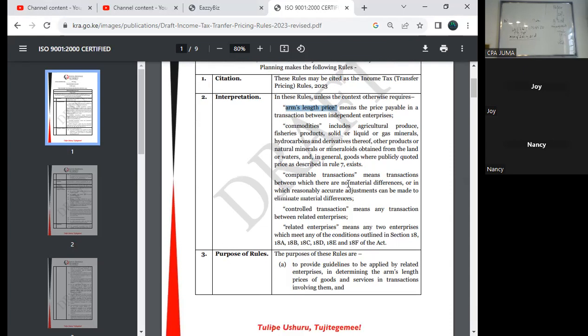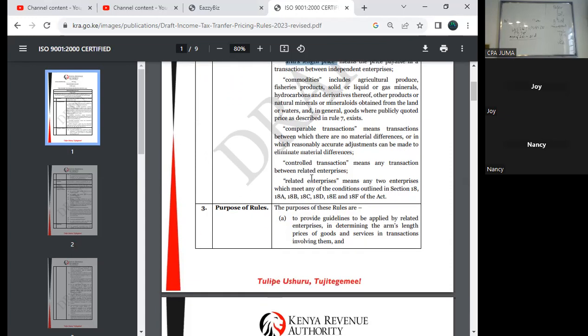The next one, don't bring the word commodities, skip that one. Go to comparable transactions.